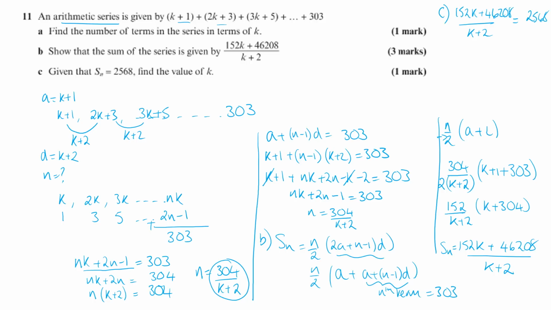Cross multiply: 152k plus 46208 is equal to 2568 times k plus 2. So if you multiply that out, take everything to one side. So take that 152k to that side and bring the 2 times the 2568 to this side. You will get that k is equal to 17.